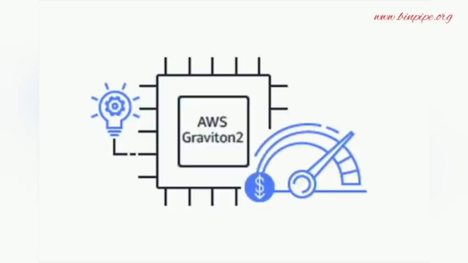Now, Amazon EC2 provides the broadest and the deepest portfolio of compute instances, including many powered by the latest generation Intel and AMD processors. AWS Graviton processors add even more choice to help customers optimize performance and cost for their workloads.